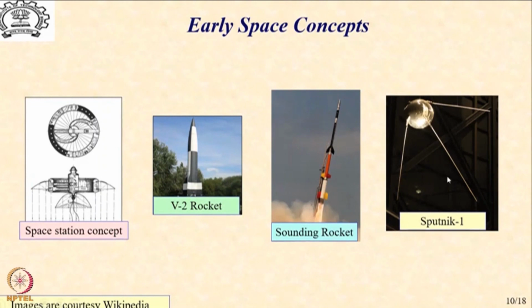But interestingly, around the same time, there was also a realization of much bigger and much more sophisticated objects such as space stations, which were only in the conceptual stage at that time, but people had started thinking along those lines.